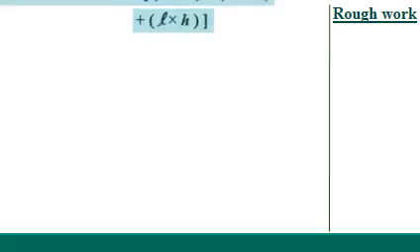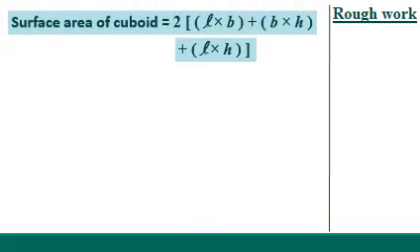As we have already solved for volume of a cuboid, now we are going to use the formula for surface area of a cuboid to find the surface area of the given cuboid. So here is the formula.